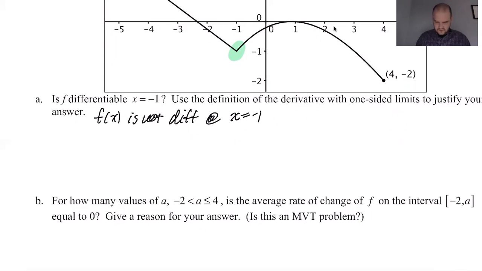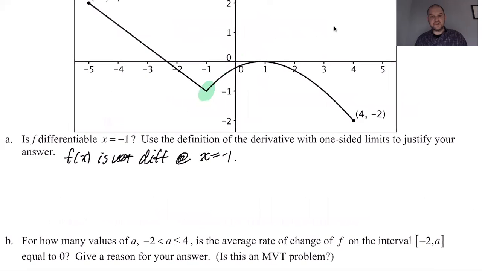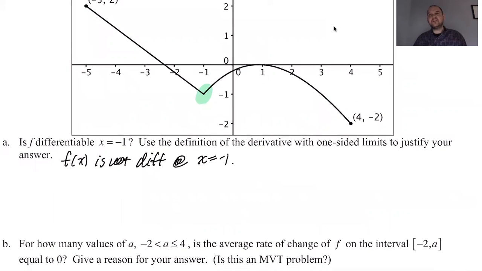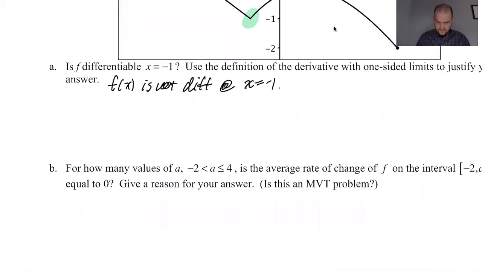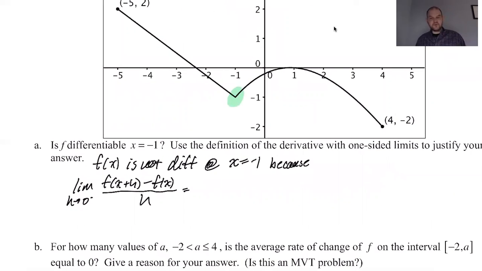All right, so somewhat mission accomplished. Now, one-sided limits, limit definition of the derivative. I'm going to say because, and let's look at the limit as h approaches 0 from the left of f of x plus h minus f of x over h equals, all right, so if h is approaching 0 from the left, then, oh wait, hold on.